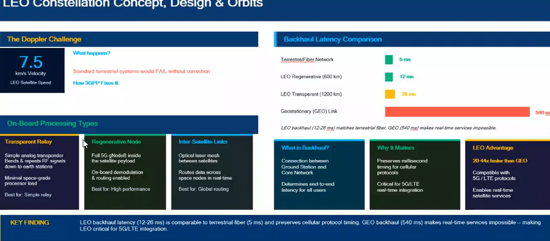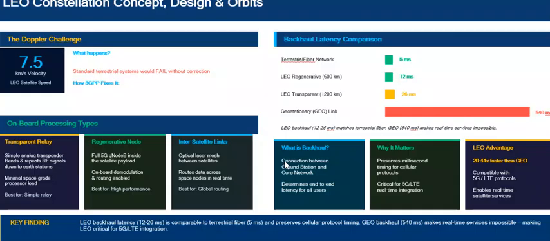So this inter-satellite link is like the satellites talking to each other. It just saves time.